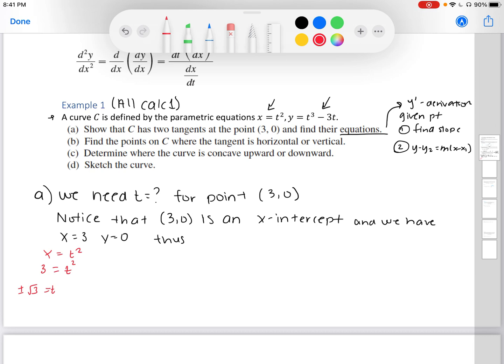And it also works if we plug in a 0 for y. So we're given our t. Recall from when we learned how to work with parametric curves, we're given t is square root of 3 and negative square root of 3. And that produces the point (3, 0), since that was the point that was given.